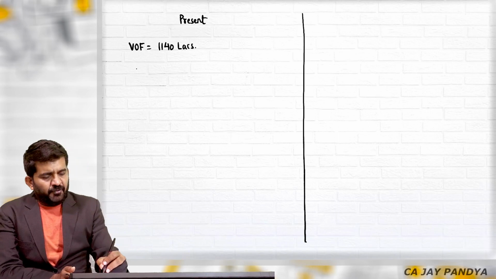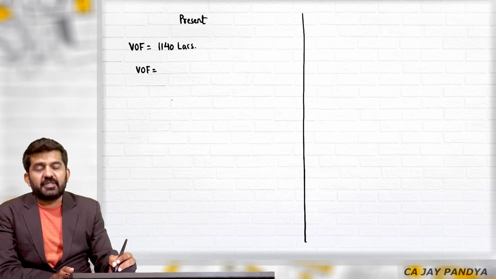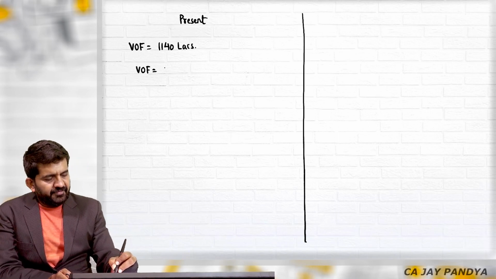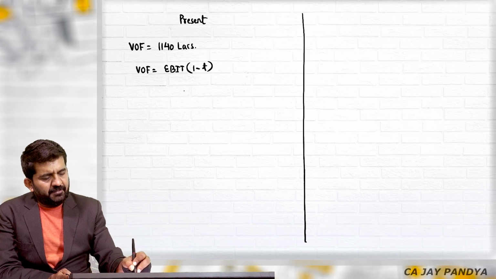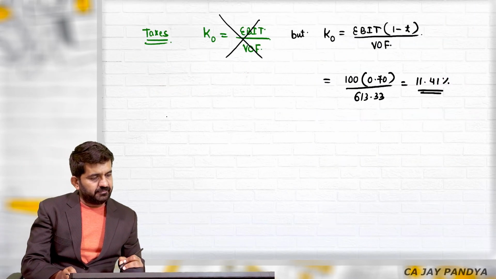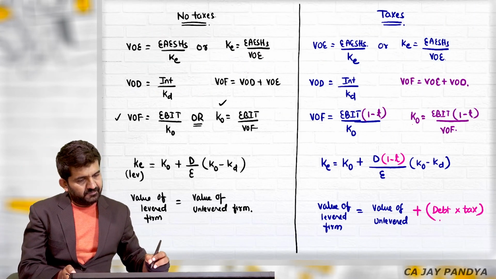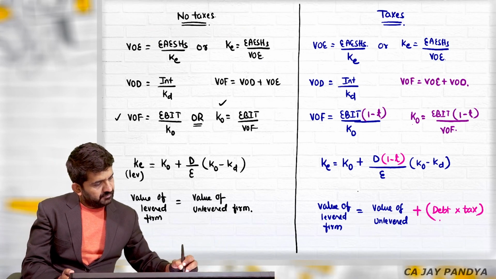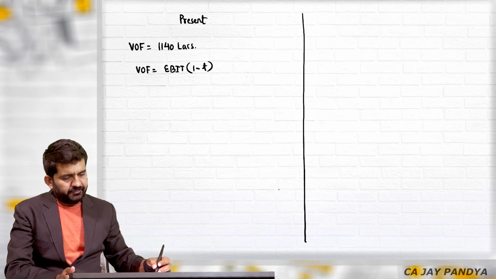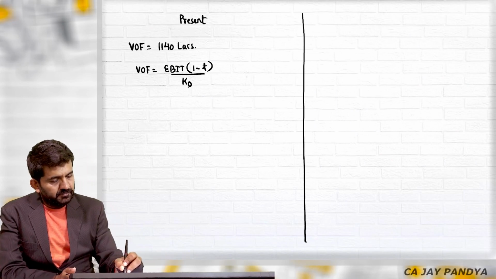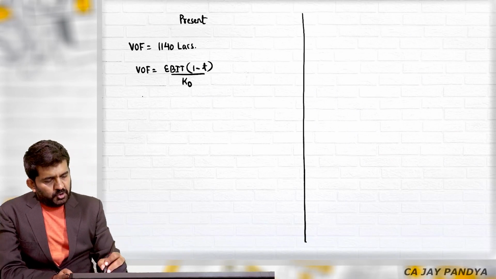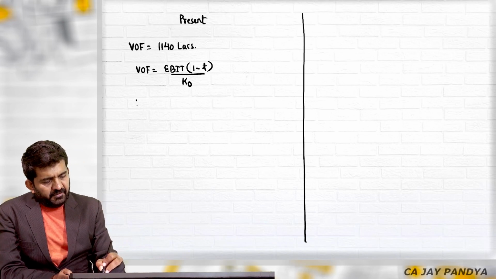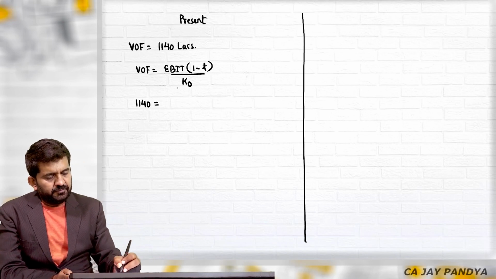I am using the formula value of firm is equal to earnings before interest and tax into 1 minus T upon KO. We have done this. So value of firm will be 1140.